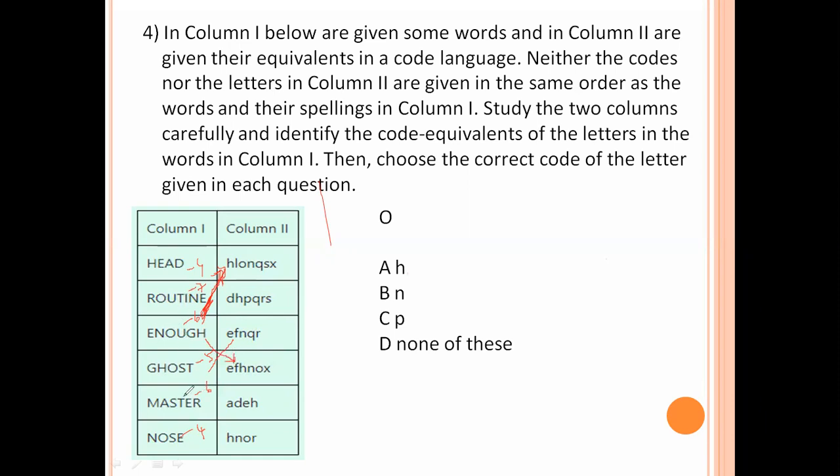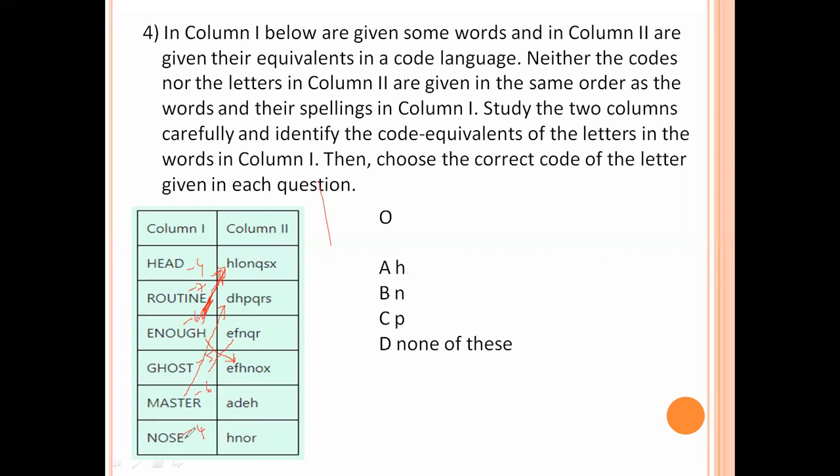Next, another 6 letters master is equivalent to this one. Next one. Ghost, 5 letters already completed. Next nose head. Nose head has 4 letters, else ADEH, HNOR.